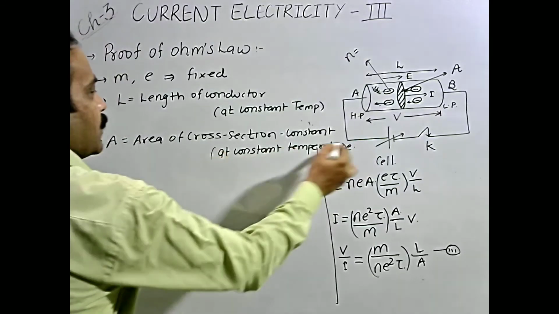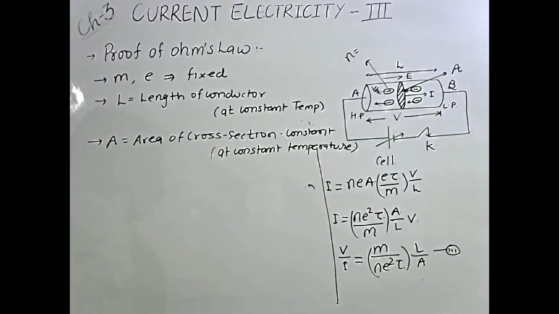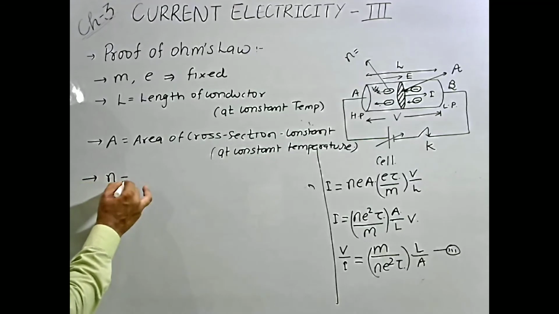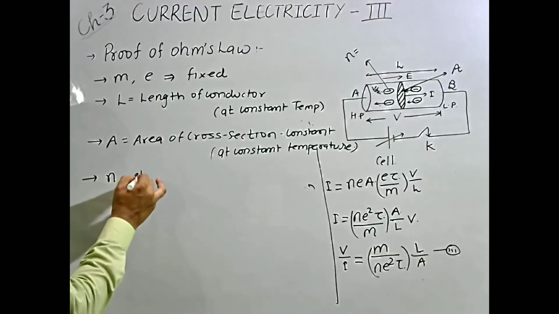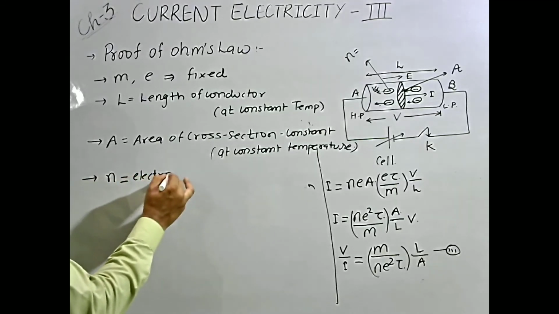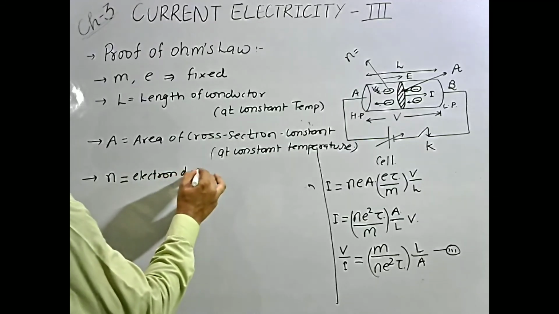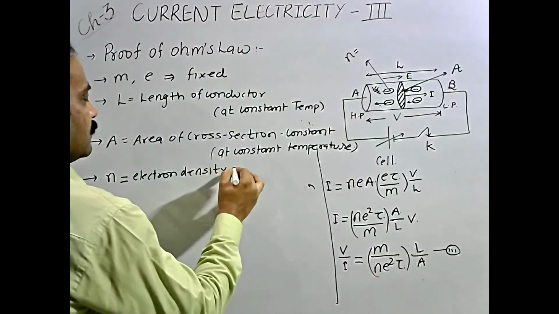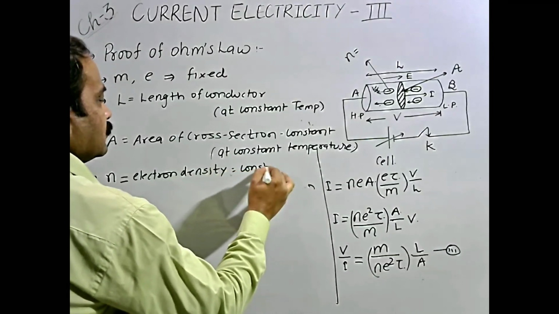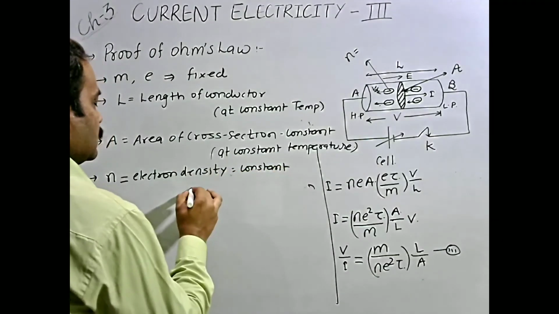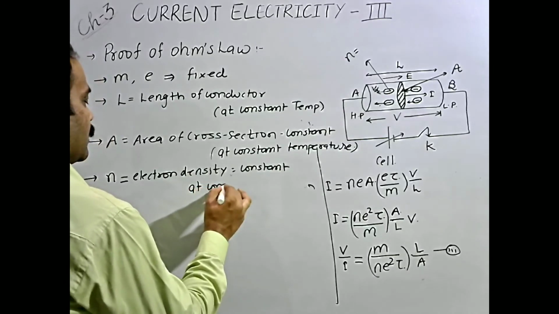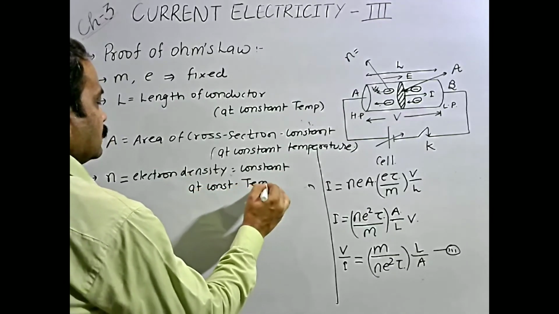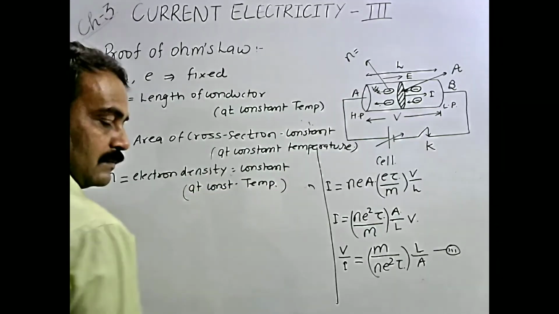Area of cross section also remains fixed at constant temperature. Electron density is also constant at constant temperature. Clear?